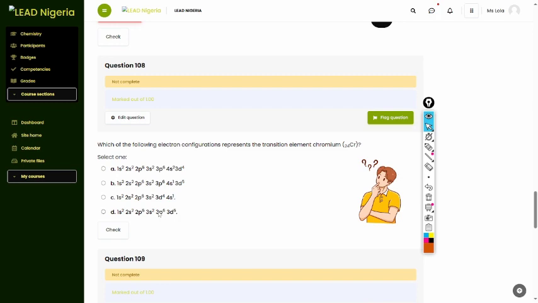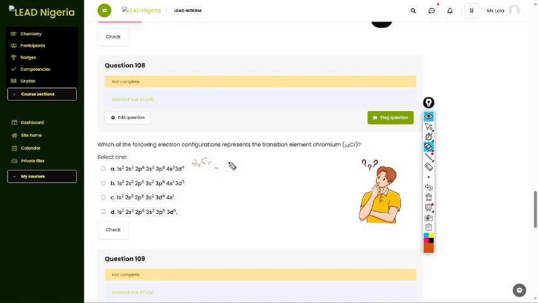Okay, which of the following electron configurations represent the transition element chromium? So the configuration for chromium 24 is, I think we should write this out and clearly explain it before we look at the answer. Okay, so chromium is 24, right?